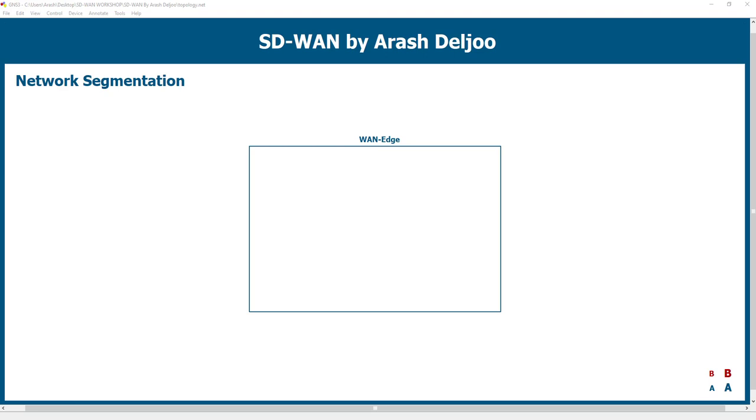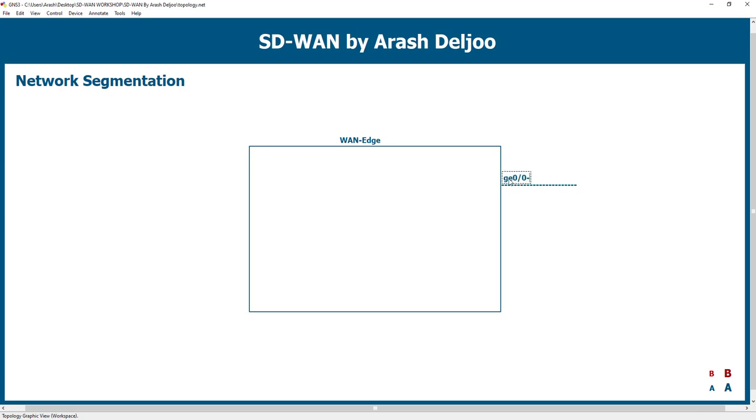This is a WAN edge. You see that the WAN edge is empty, but in every WAN edge you will have some interfaces. For example, in this WAN edge, maybe we have an interface and the name of this interface is GE00.